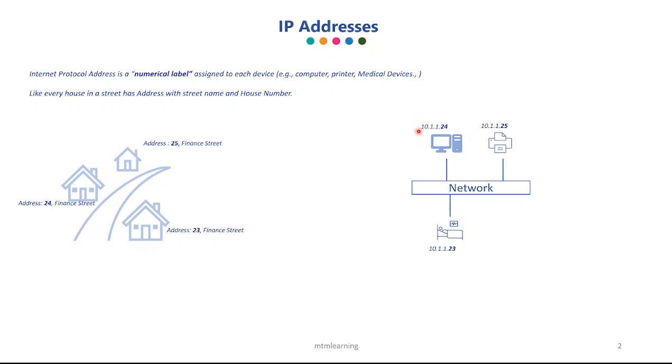We will look into it deeply, what each number represents. For now, you can take this as a numerical label given to every device, like we have door numbers in our houses. IP address is a very important concept. This video may take longer than the previous videos, so please bear with me.